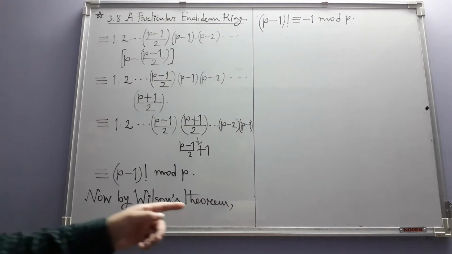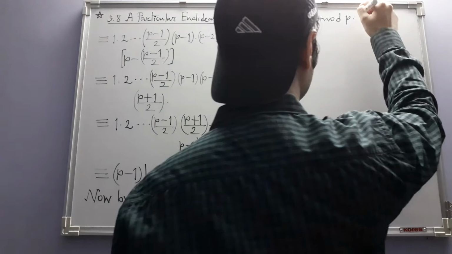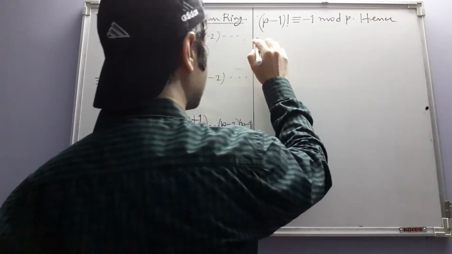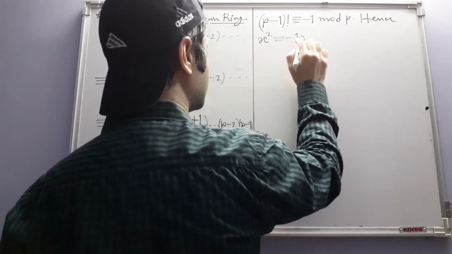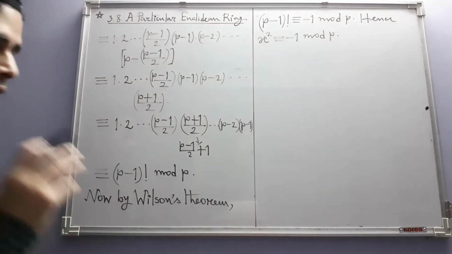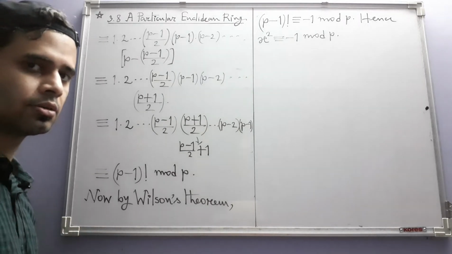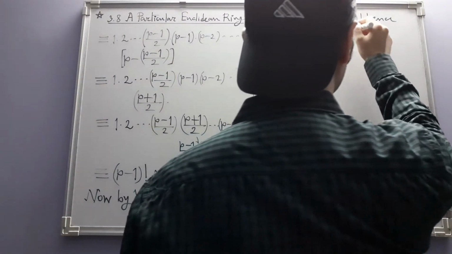So we started our calculation with x square, hence x square is congruent to minus 1 mod p. So that particular value of x actually solves this congruence, and that completes the proof.